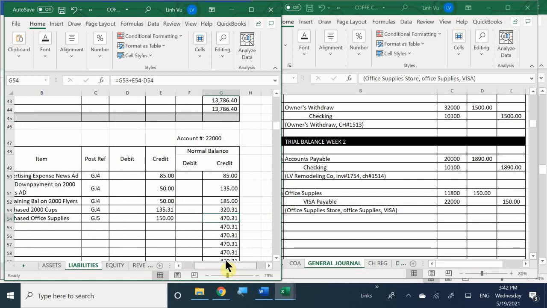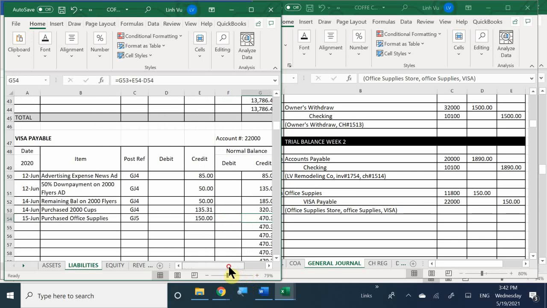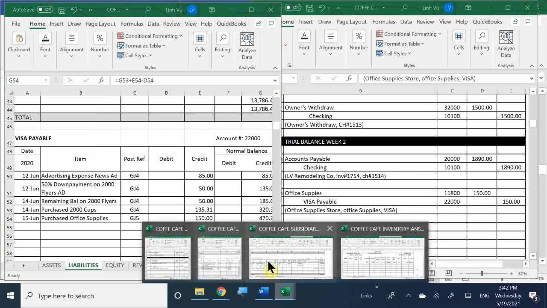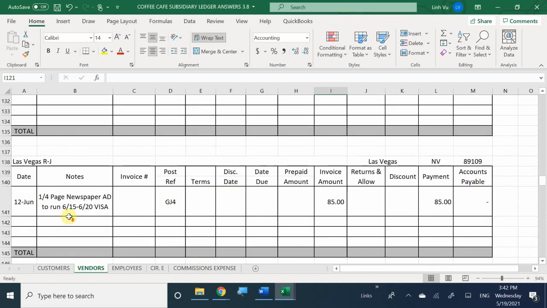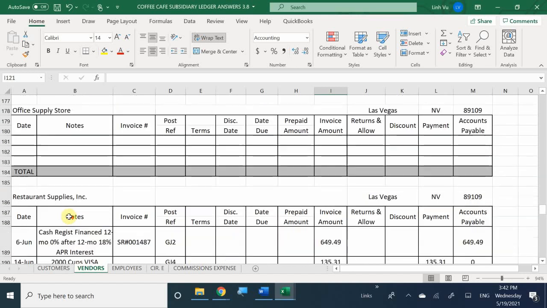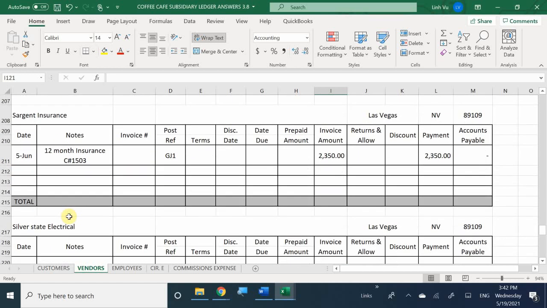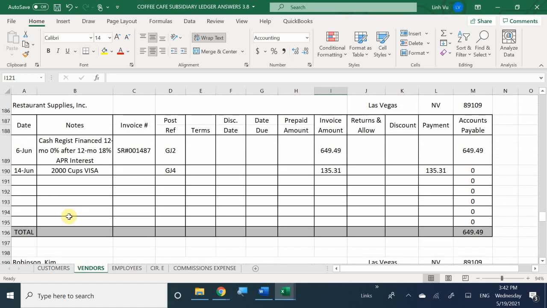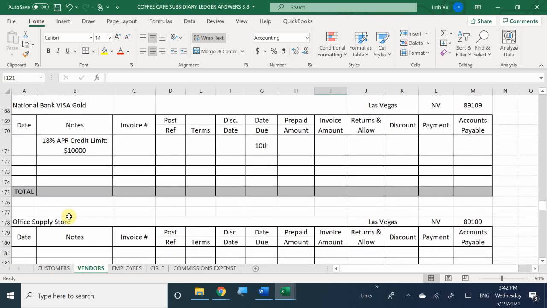So your new credit balance would be 470.31. Excellent. Now we need to go to the subsidiary ledger to the office supply store. Invoice amount 150.